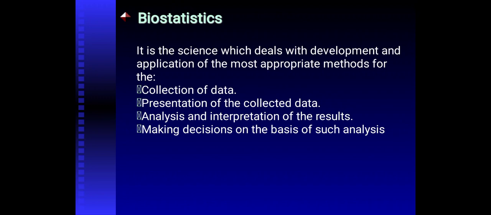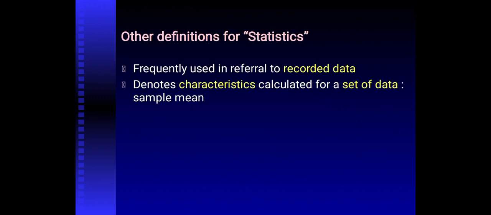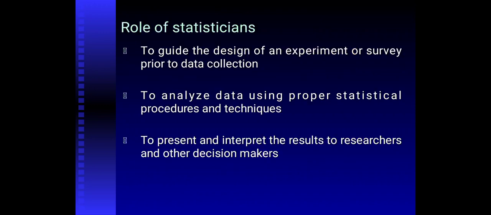After that, making decisions on the basis of results. Another definition for biostatistics is that it is used in reference to recorded data, denoting the characteristics and calculation for the set of data. Example: simple mean, median, mode, like that.